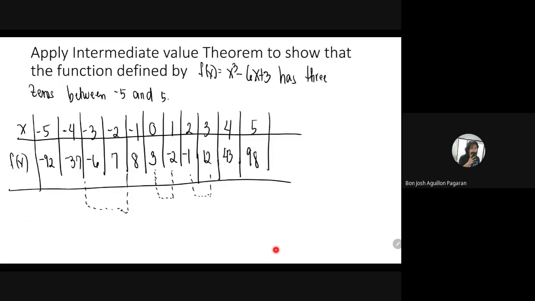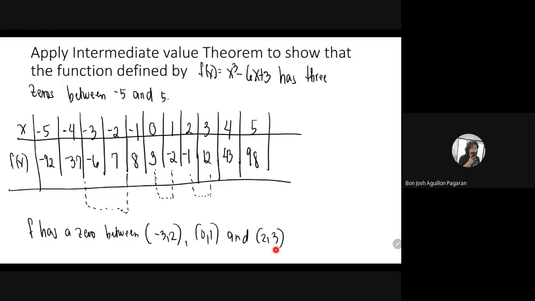So meaning to say, f has a zero between -3 and -2, 0 and 1, and 2 and 3. Okay? Hindi ko patanda. Ito pa. Question so far?